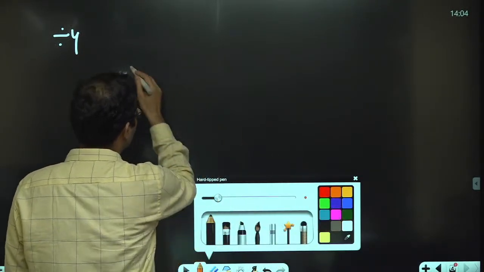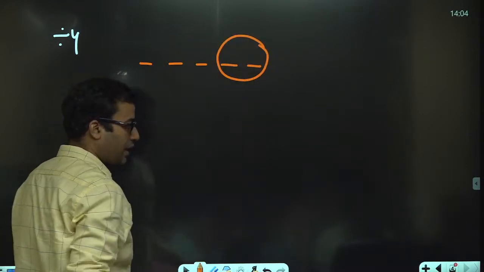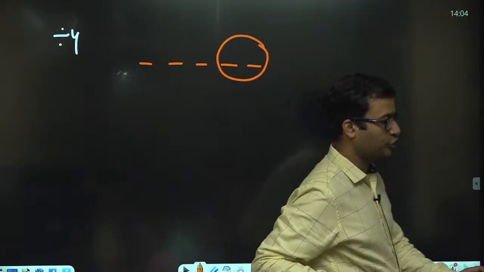Now for divisibility of 4, no need to check the complete number. We check the last 2 digits. If it is a bigger number, only the last 2 digits we have to check.